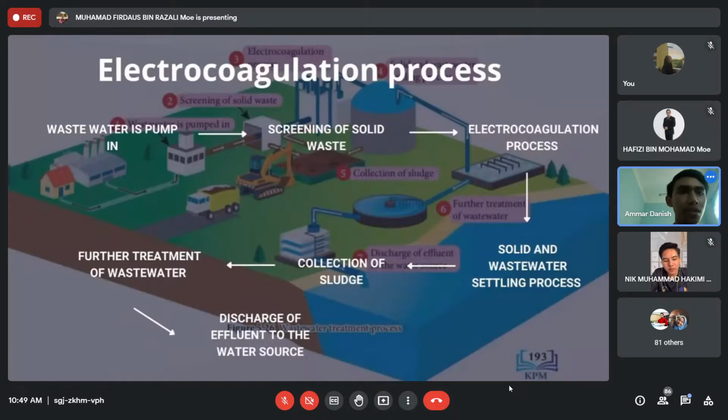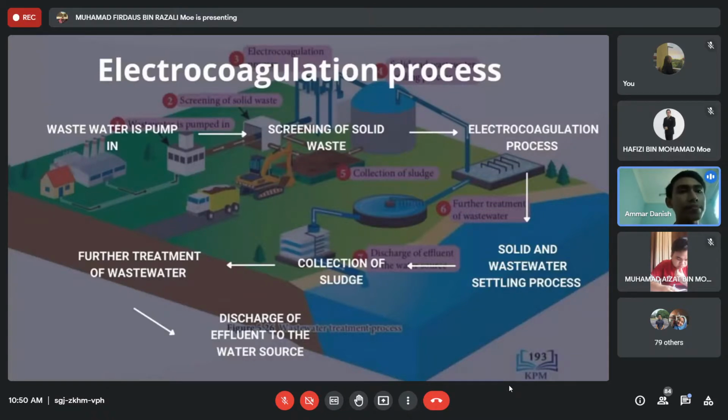Next. So this is an example of wastewater treatment. For more information, you can use the link in our textbook to understand more about these steps.